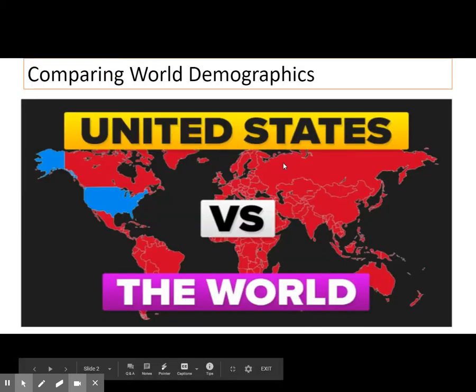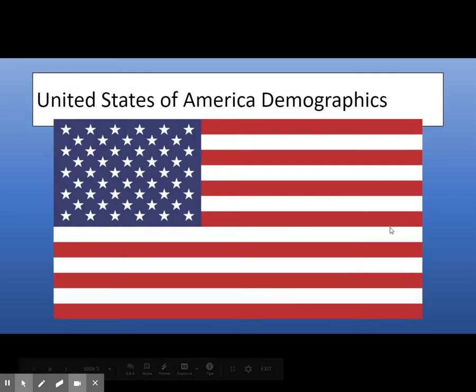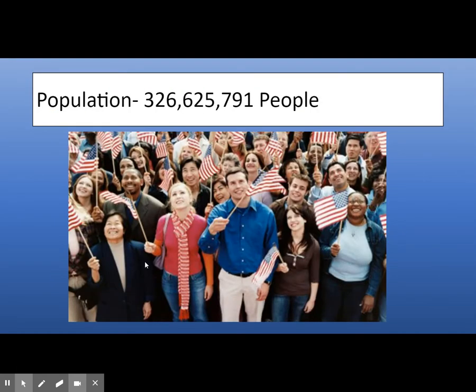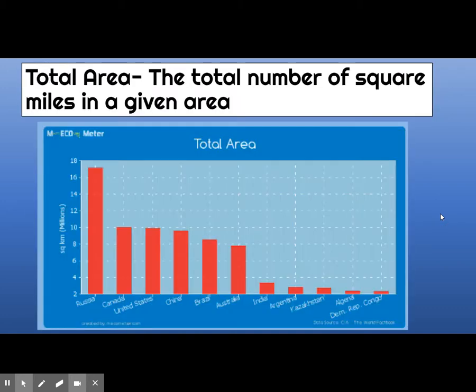So we're going to look at the United States versus the world. So the United States demographic: there are 326 million 625,791 people in America, approximately. Population density is the number of people that live in a given area of square miles.